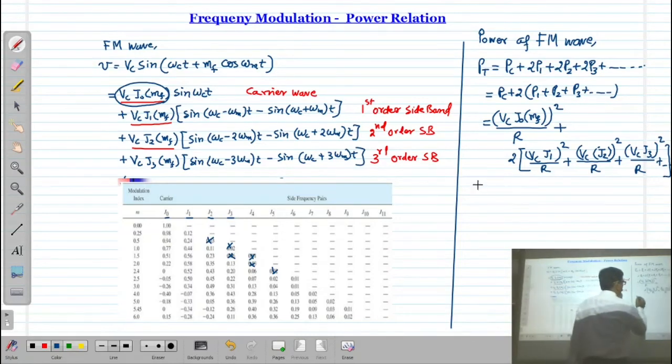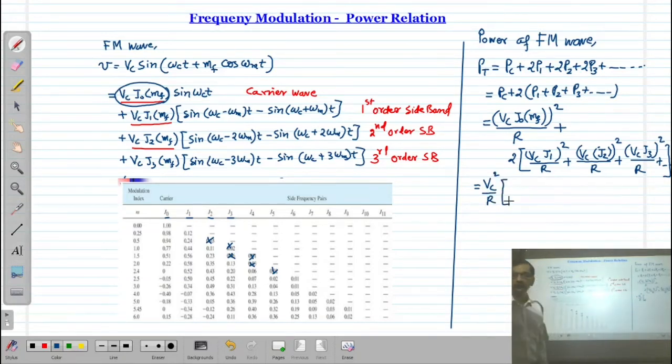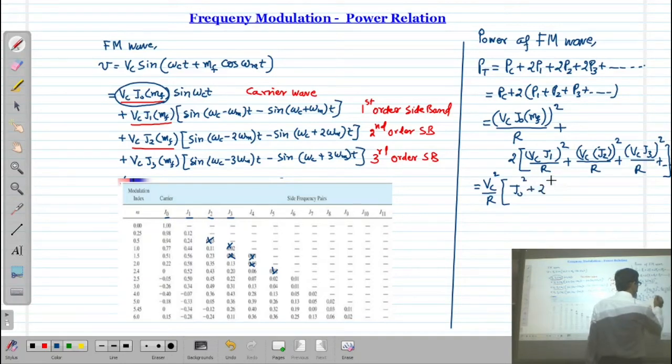And here we see that Vc square by R is common in all the terms, so if I take it common, then we have J0 square plus 2 into J1 square plus J2 square plus J3 square and so on.